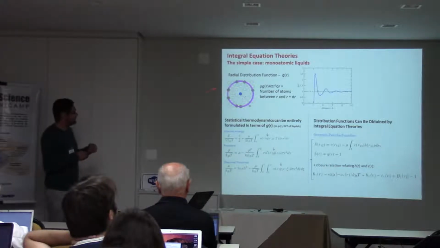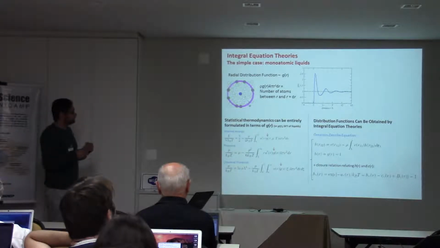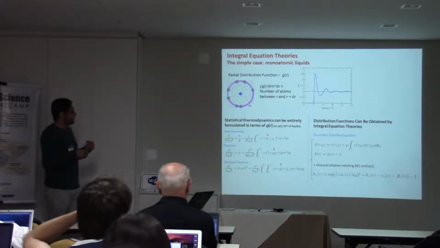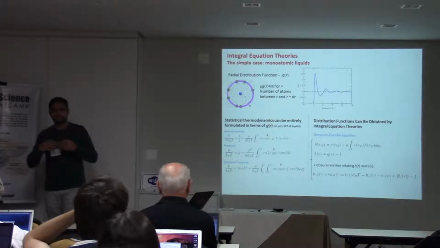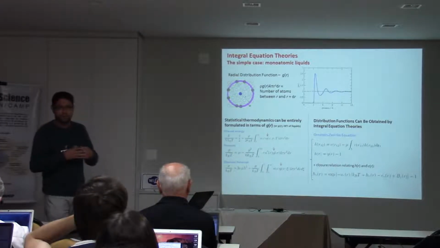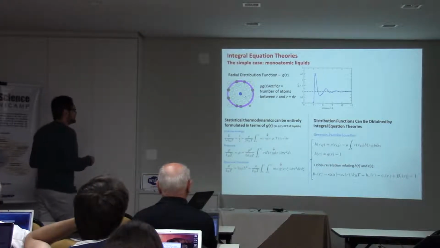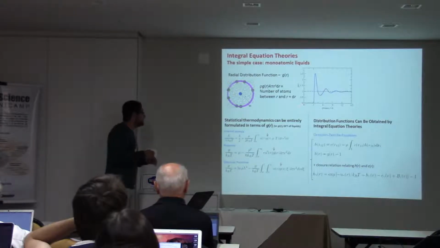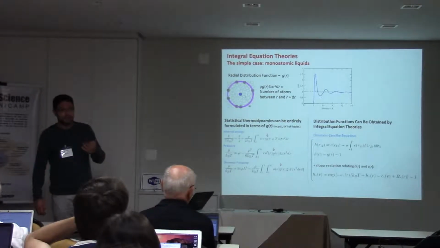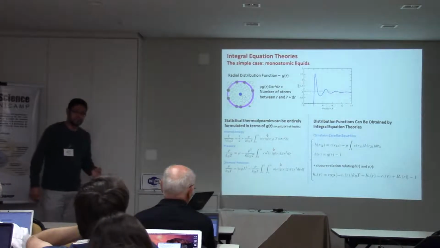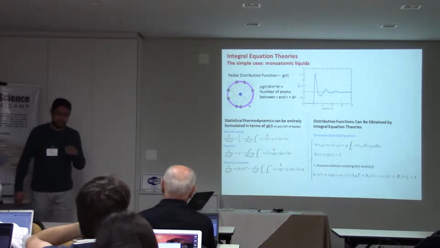And then you do that for a range of distances, and you have how the structure of the liquid varies according to the distance. And the good thing is that once we know the distribution function, we can compute any thermodynamic properties we want from statistical mechanics.